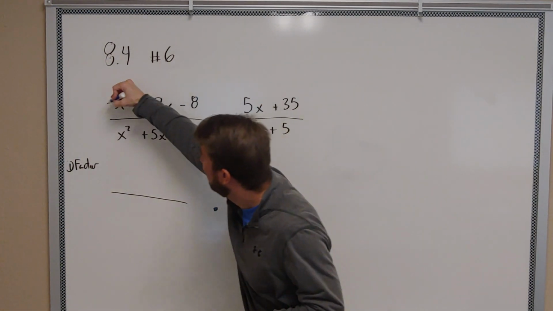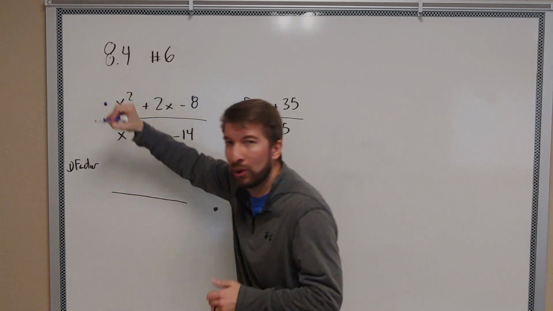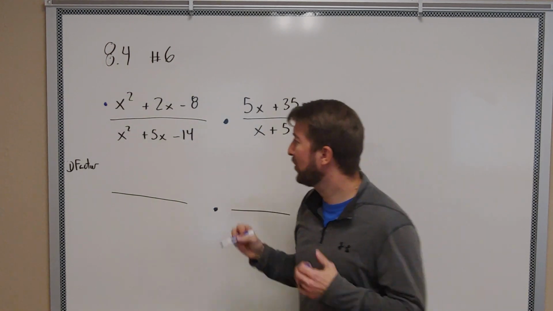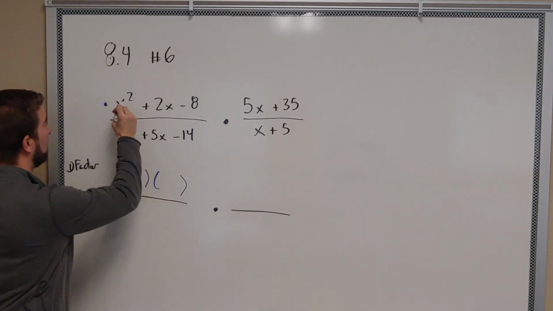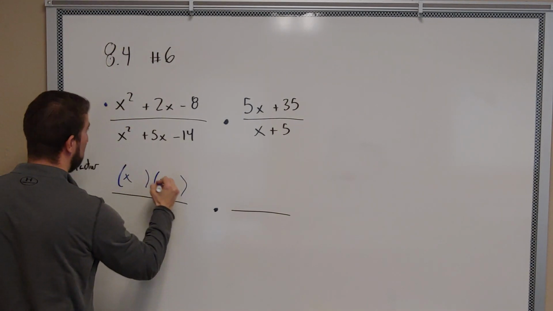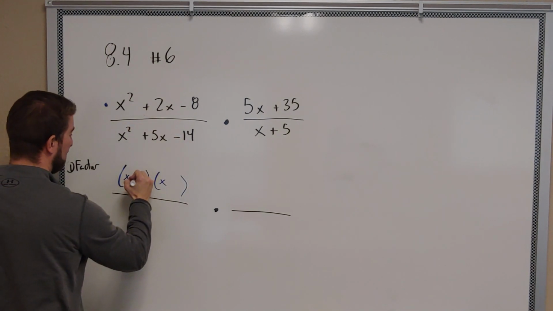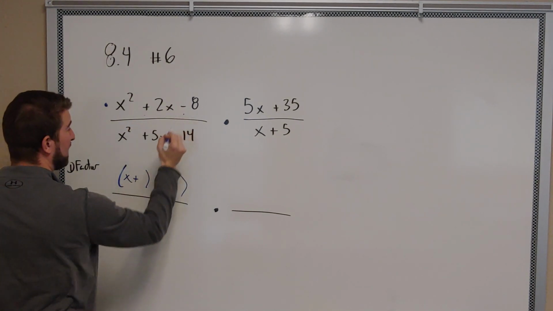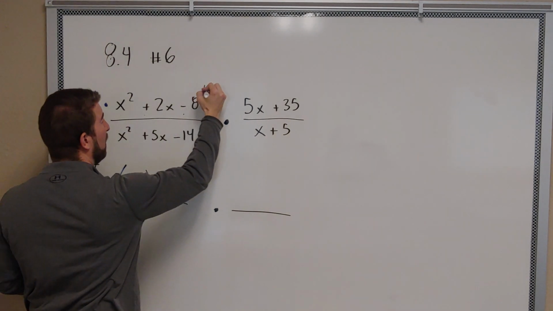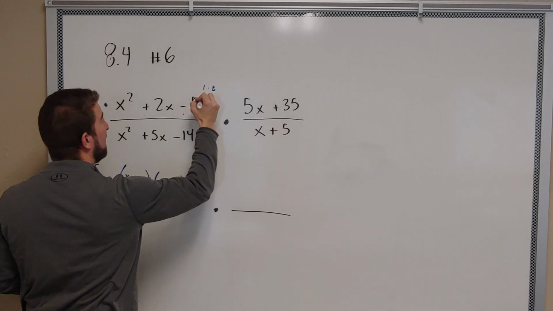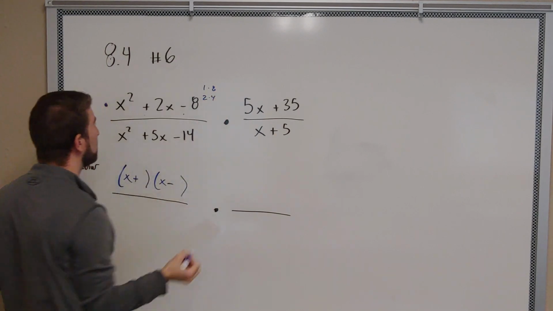I'm going to say this first one is our blue equation. So I'm going to get my blue parentheses, and I'm going to split my x's. Look at my symbol. I've got a plus sign first, and that lets me know my second symbol is also going to drop, which is a minus. And now look at here. 1 times 8 is a multiple, 2 times 4 is a multiple.